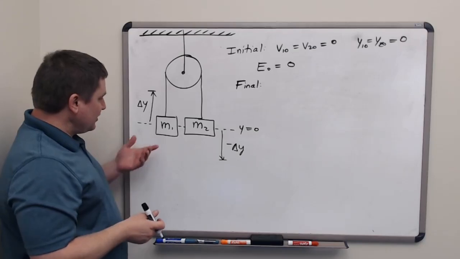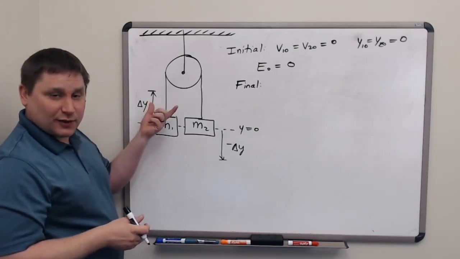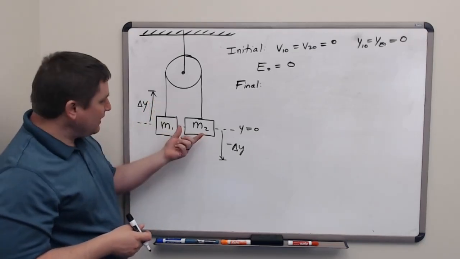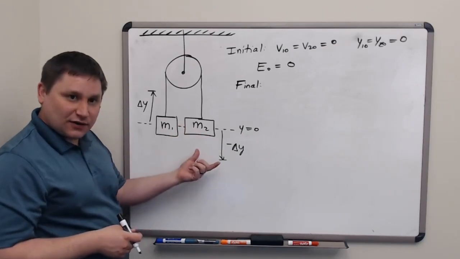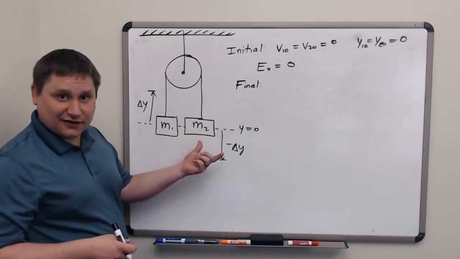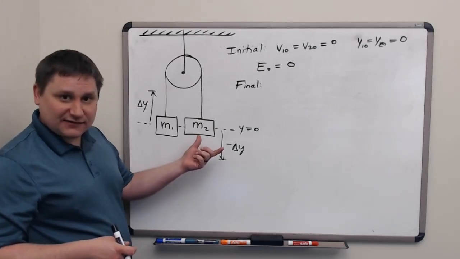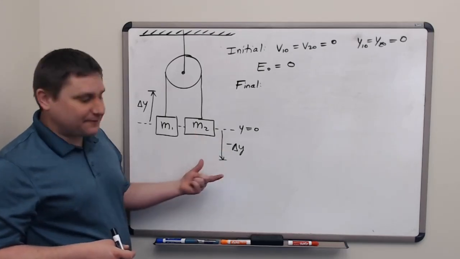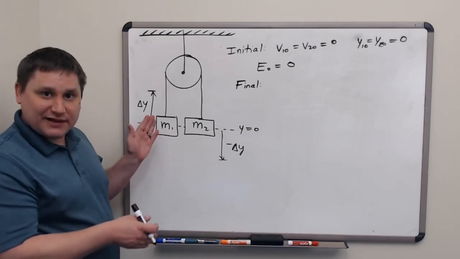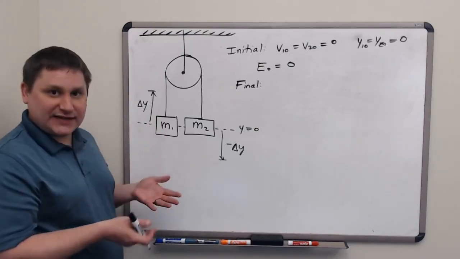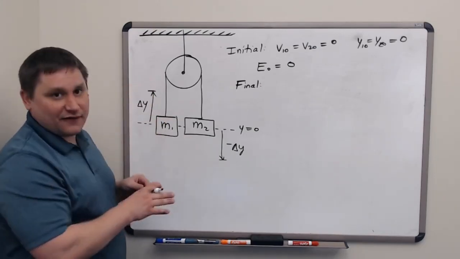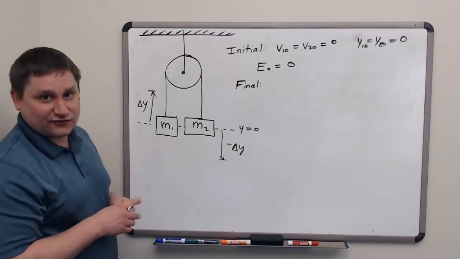What will change? Mass 1 will move up, so it will gain some potential energy. Mass 2 will move down, so it will lose some potential energy. The potential energy of mass 2 will actually become negative. Both masses will begin moving, and they'll have to move at the same speed because of the string. Can't stretch or shrink.